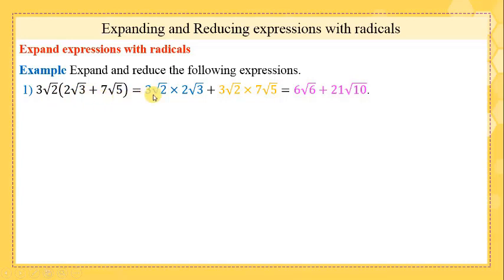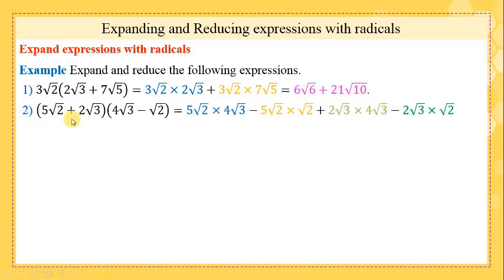So the answer is 3 radical 2 times 2 radical 3 plus 3 radical 2 times 7 radical 5. As we have seen in the previous video, we multiply 3 by 2 and radical 2 by radical 3, we get 6 radical 6, plus in a similar way 3 by 7 and radical 2 by radical 5, we get 21 radical 10.